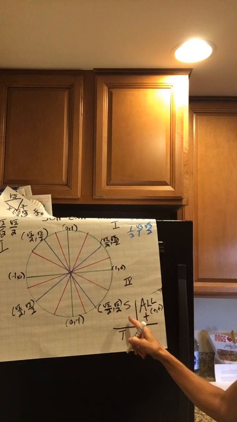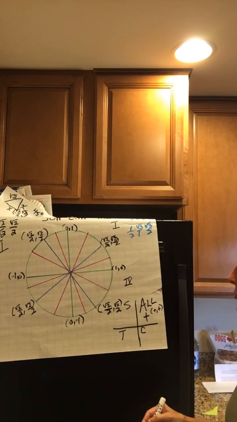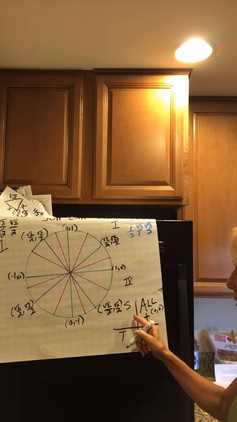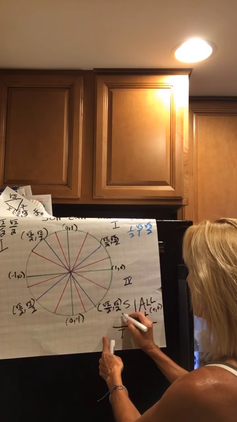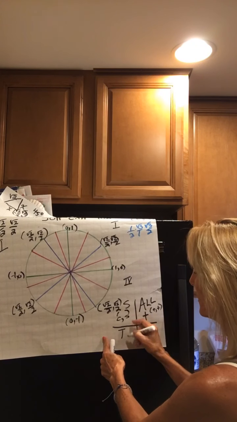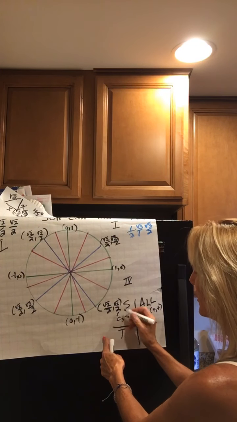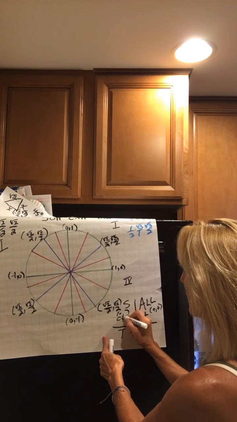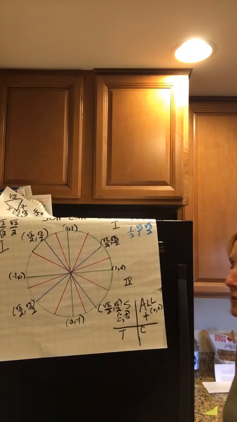Then S is for your sine. So on my sine here, remember how the ordered pair goes cosine and sine? So since I go left, my cosine is negative, my sines are all positive.